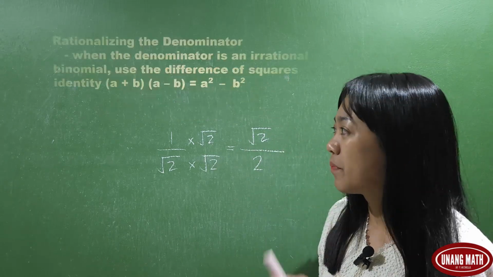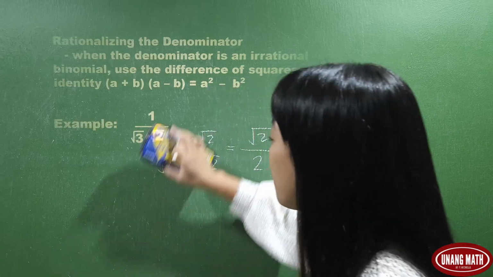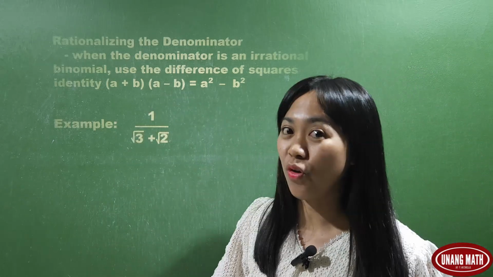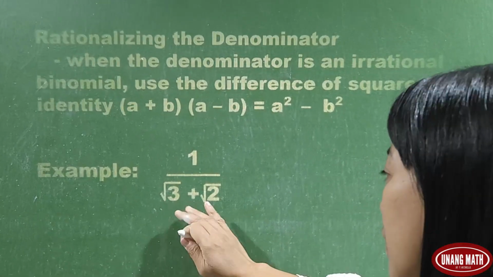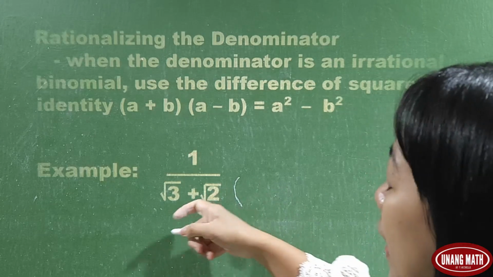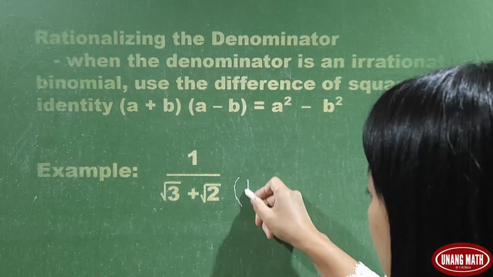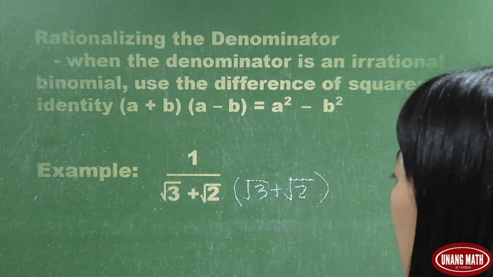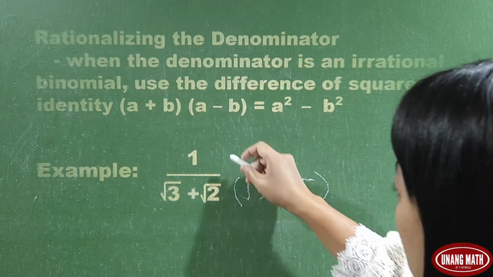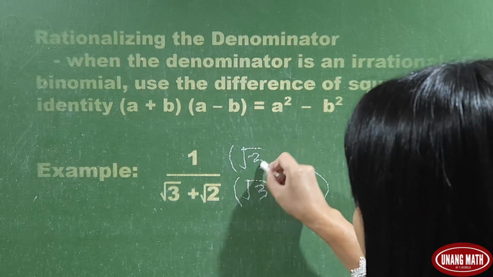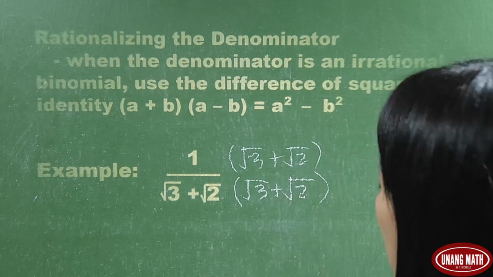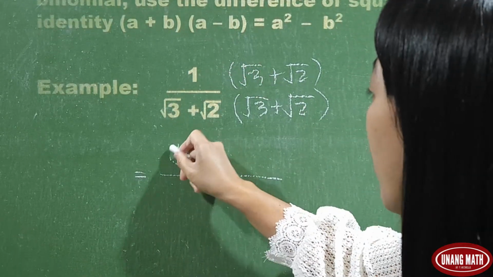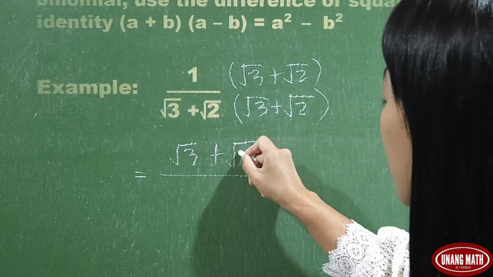Okay, how about if the given fraction is 1 over square root of 3 plus square root of 2. If we will do the same thing, if we will multiply the same number, so this is times square root of 3 plus square root of 2. Numerator must be multiplied by square root of 3 plus square root of 2 also. So, our numerator would be square root of 3 plus square root of 2.